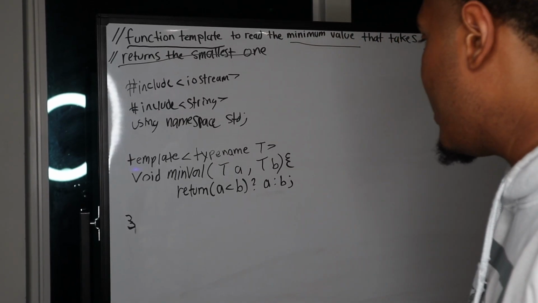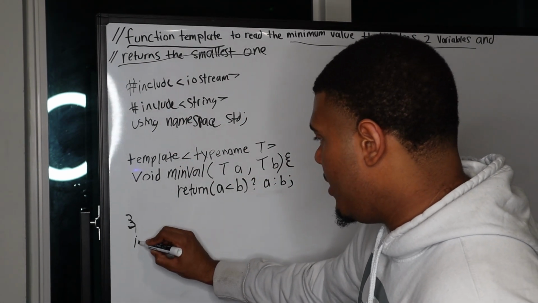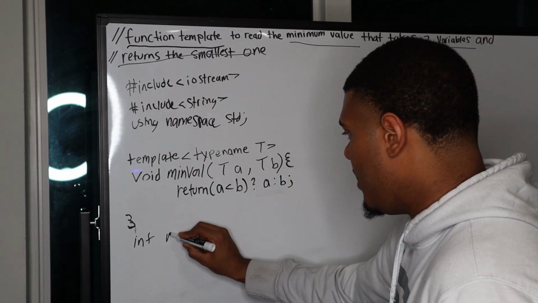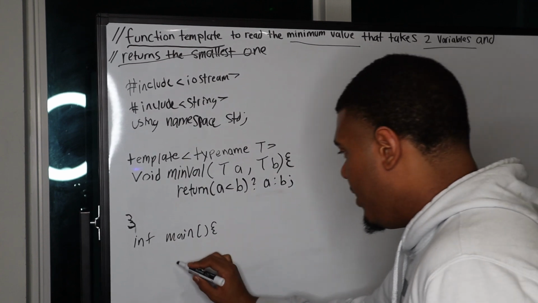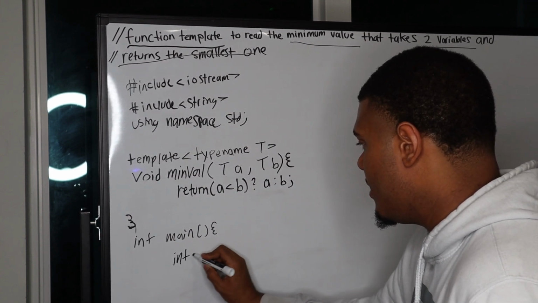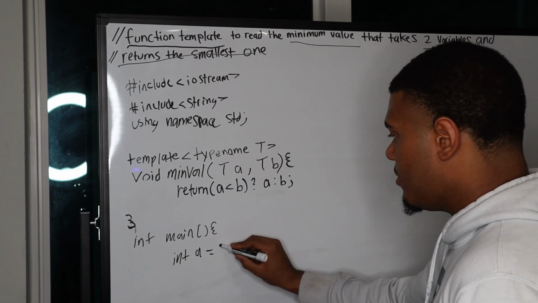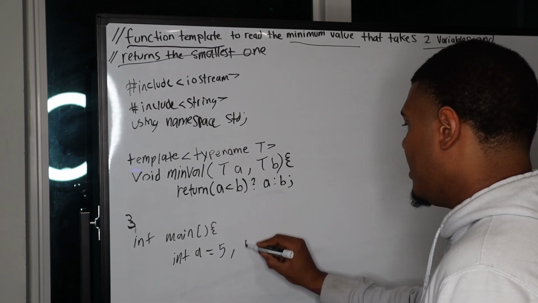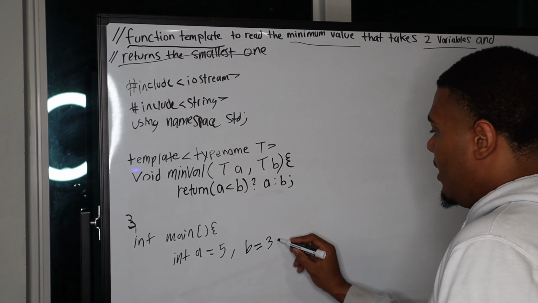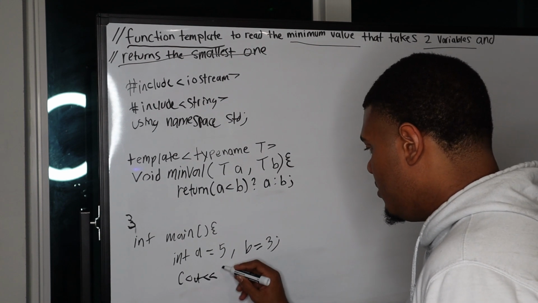So let's start writing it to our main. We can go ahead and call it int main, our main function. Then we can say int a equals 5, and let's say b equals 3. cout, we're just prompting the user.